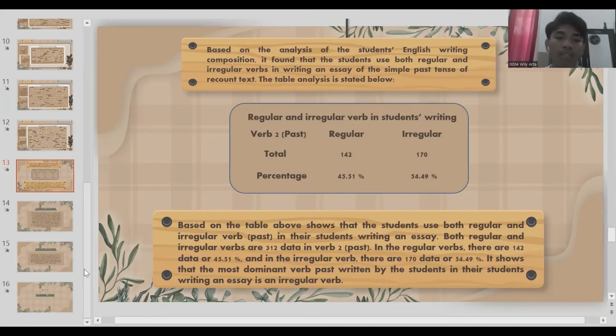In the regular verbs, there are 142 data or 45.51%. And in the irregular verbs, there are 170 data or 54.49%. It shows that the most dominant past verb written by the students in their essays is the irregular verb.